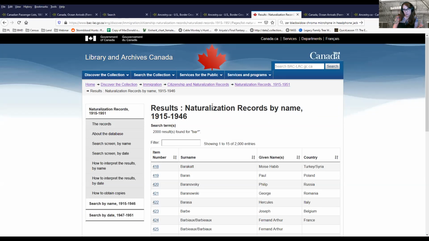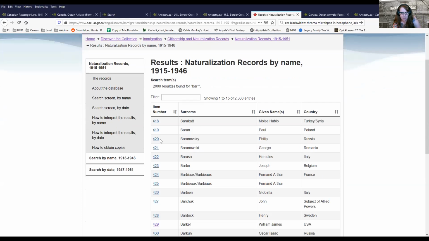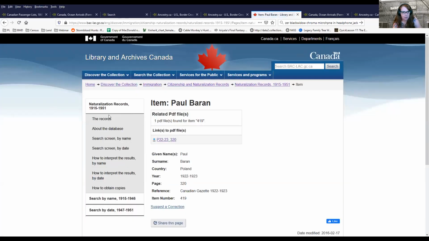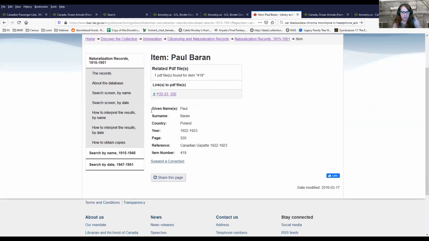So if you gathered all the information from the census records, you should know the year of naturalization from that. So you would apply that to this. Let's take a look. Okay, let's look at Paul Baron from Poland. Click on that result, and you'll see here that there is a PDF.